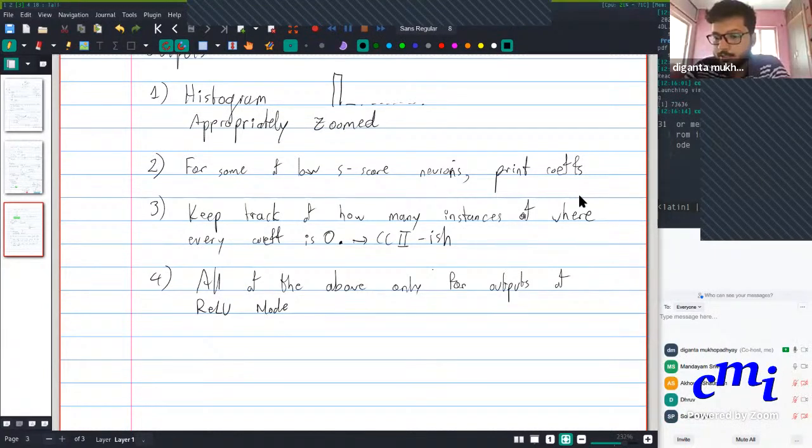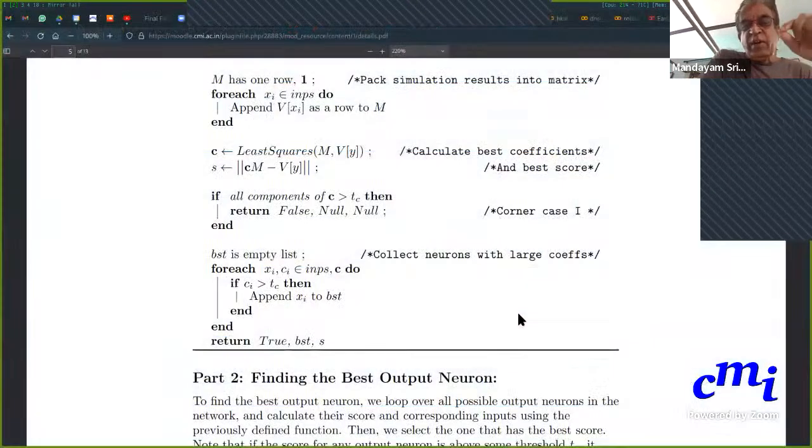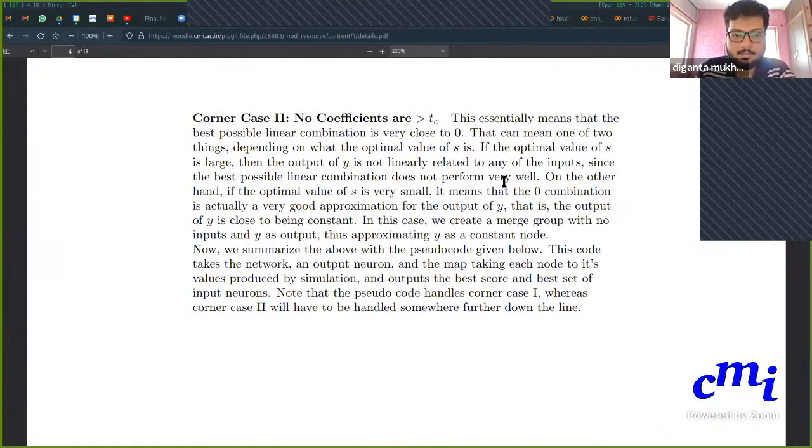So then I think we can ask. Do you have any other questions with regard to completing not just the initial experiments, but finishing up coding of algorithm 2 and 3, which includes identifying the merge group and its input neurons and considering corner case 1 and 2? Right. So as of now, I'm assuming you understand.